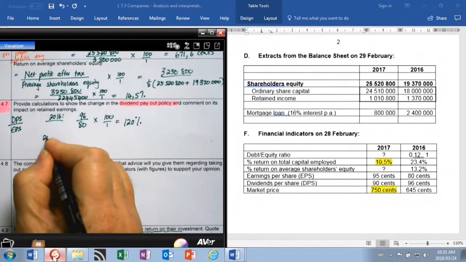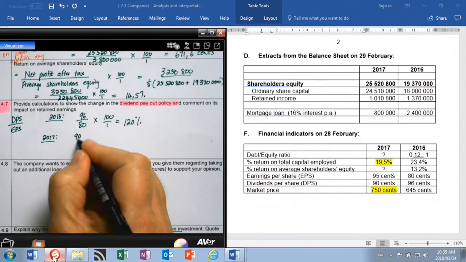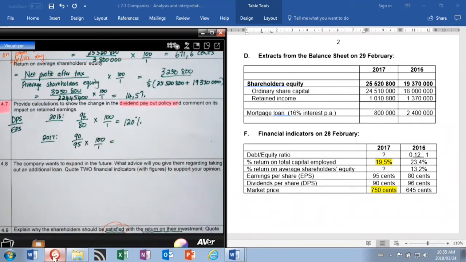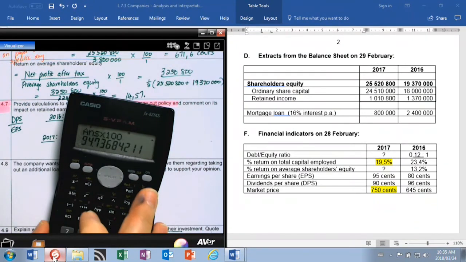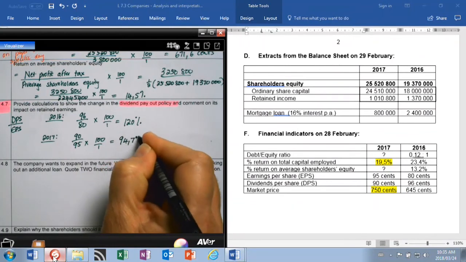In 2017, it is the 90 over the 95 times 100 over 1, and that gives us 94.7%.